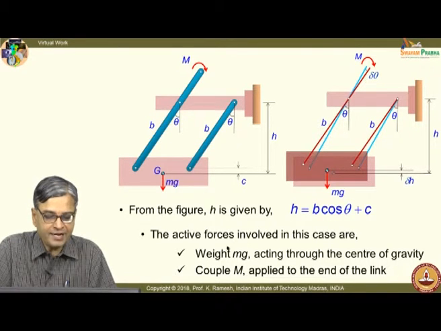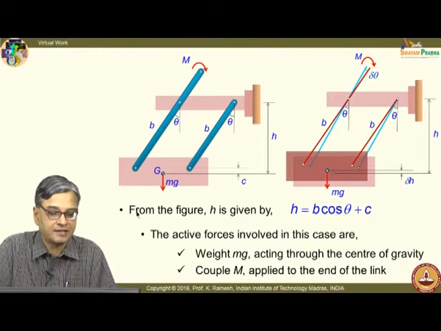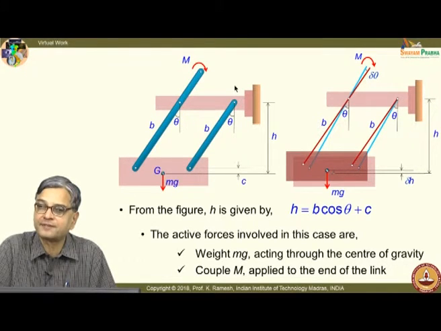So, you also identify what are the active forces involved in this case. I have the mass m, mg is the force, and I have the externally applied moment m. I do not have to worry about the reactive forces here and also internal forces in the system.